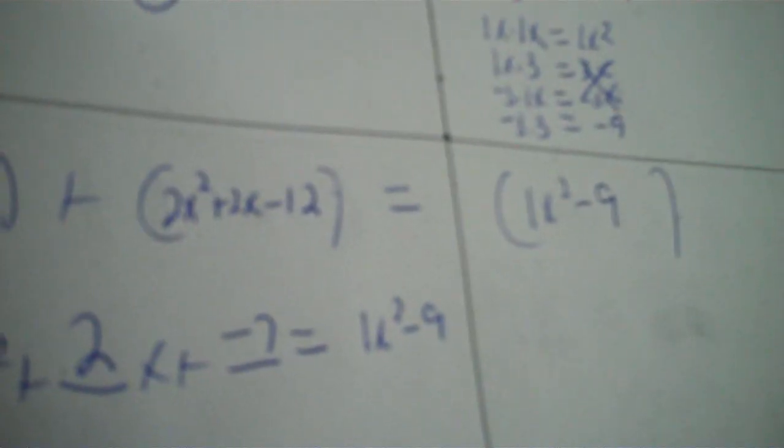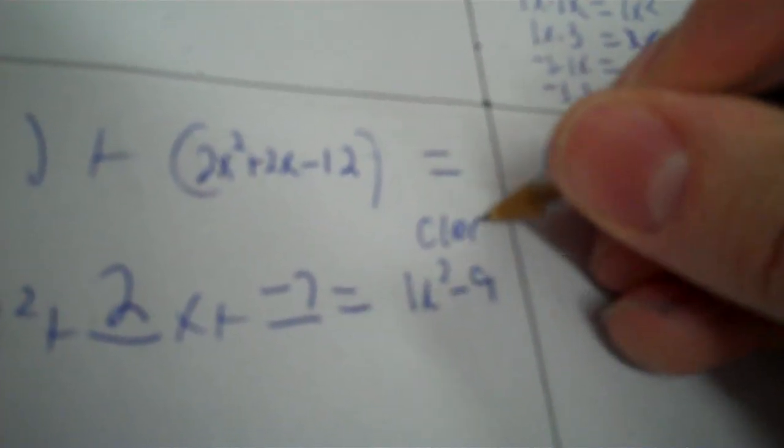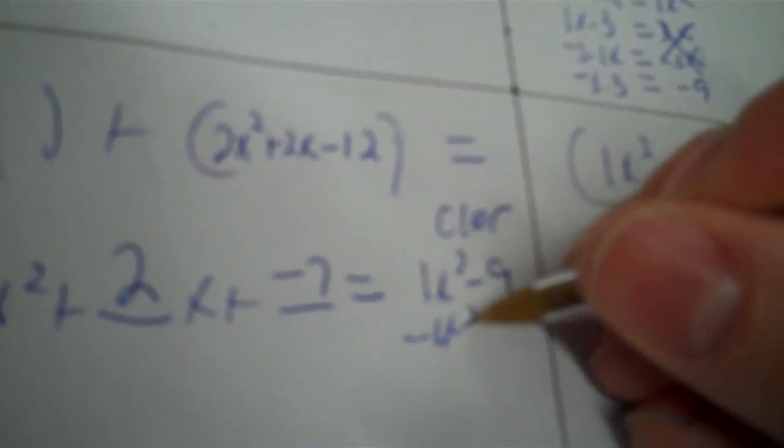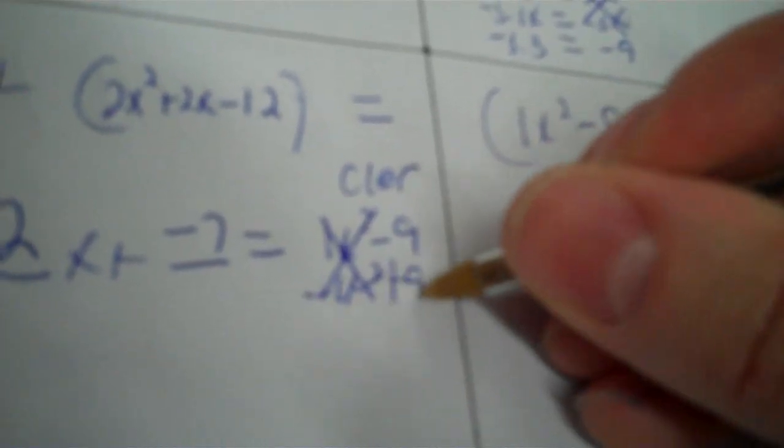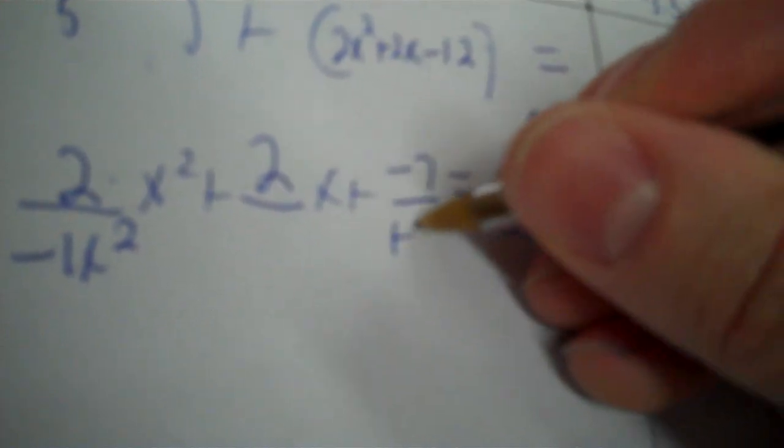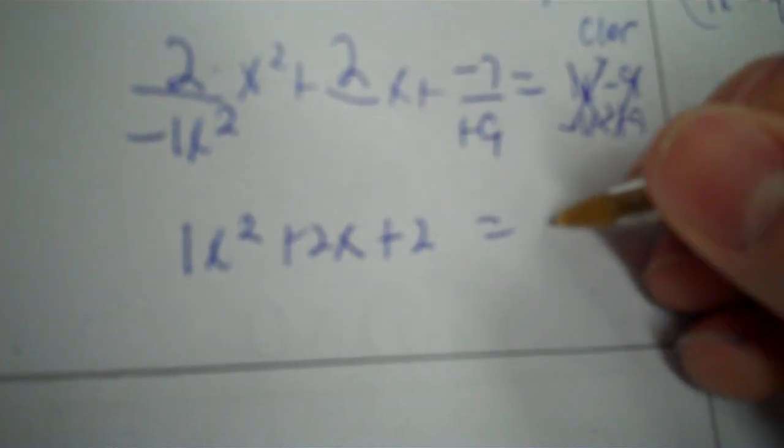You clear the side that either doesn't have x second or has the smaller one. 2 and 1, we would clear that out, because I don't want to end up with negative on x to the second. So we have 1x to the second plus 2x plus 2 equals 0.